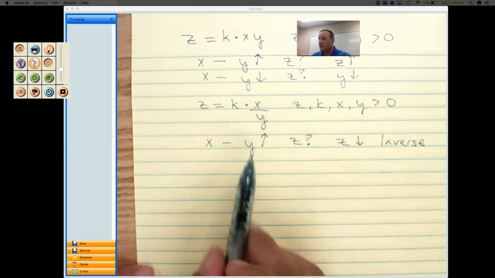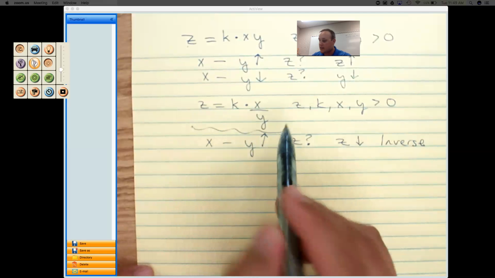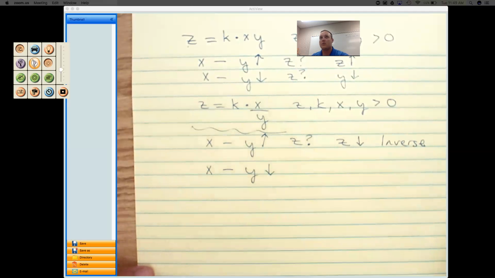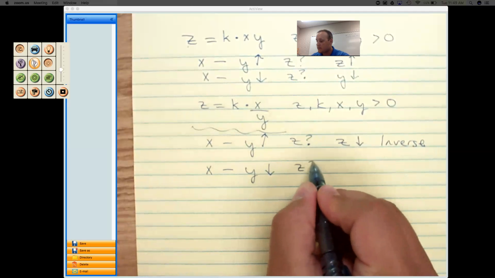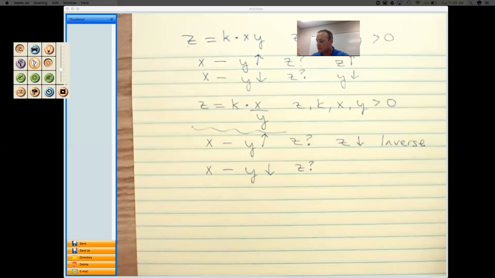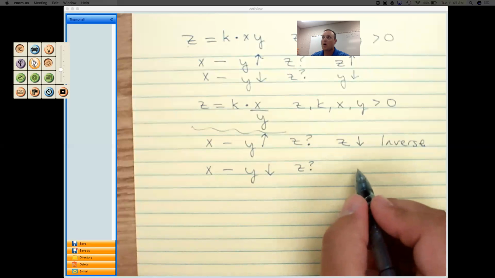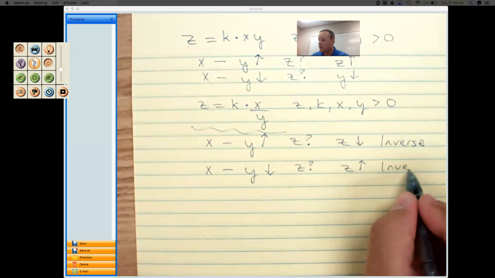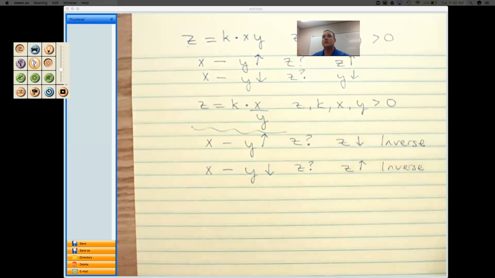All right, so we have this same equation right here, and let's say x is held constant and y decreases. Go. What happens to z? All right, Porter, your table. Z will increase because it's an inverse relationship. Very good. We're cutting them into smaller pieces.